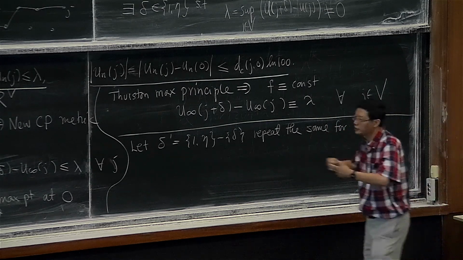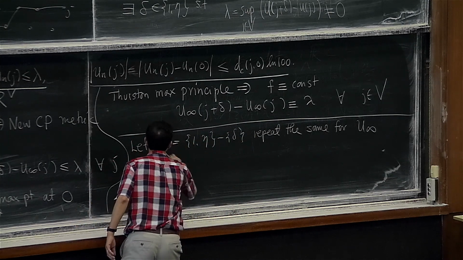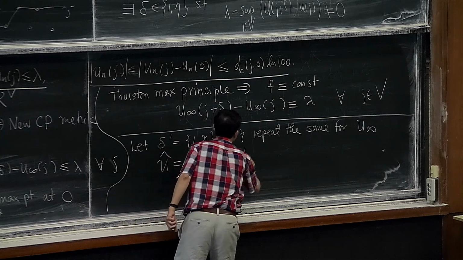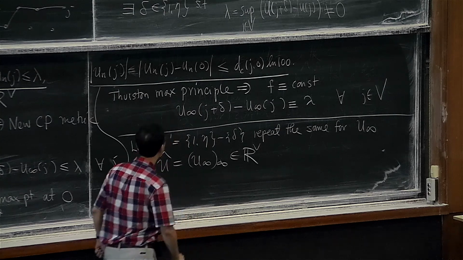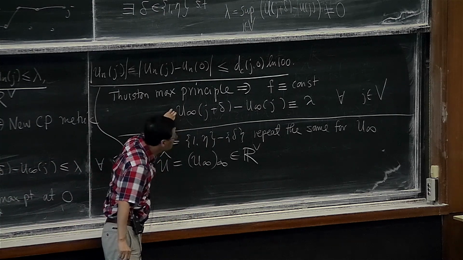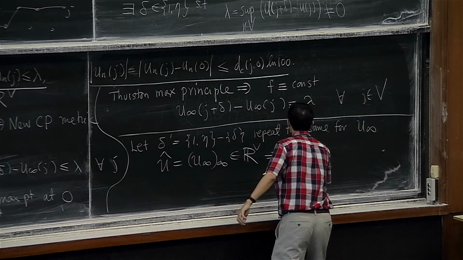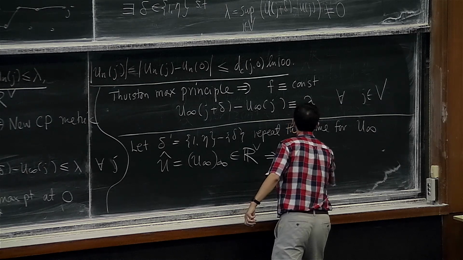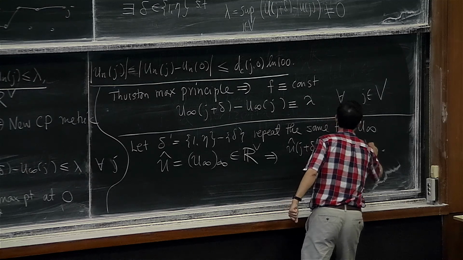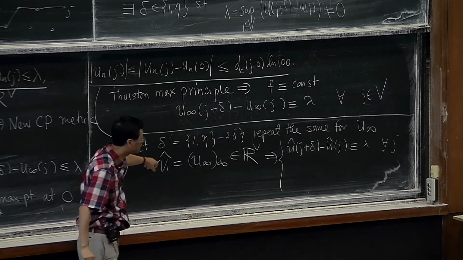Okay, so then we can select another subsequence. So I now produce a new function, u infinity infinity. And this function obviously has that property because of the pointwise convergence. So this function satisfies u(j plus delta) minus u(j) is equal to lambda for all j. And for the second generator, I can make that a constant.